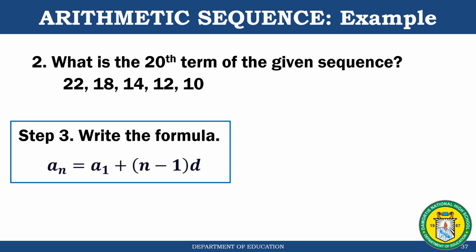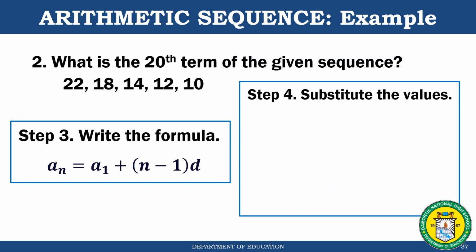Yes, a sub n is equal to a sub 1 plus the quantity n minus 1 times d. Then definitely the next step, we substitute the values. So, writing the formula, what will be a sub 1 again? That is 22. Then n, 20 minus 1 times the common difference, which is negative 4.